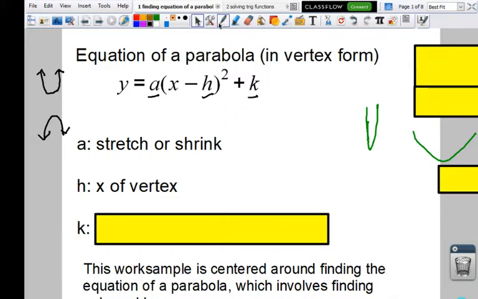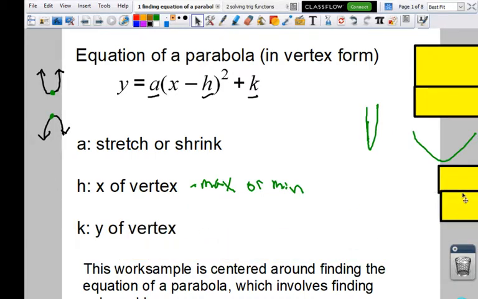Your vertex, if you don't remember, is the very middle of your graph, and sometimes it's called a max or a min. If you ever see the words maximum or minimum, that means you have a vertex there, because it's either going to be the maximum, your very highest point, or the minimum, the very lowest. And k comes from the y of your vertex. So h is the x in the vertex, k is the y in the vertex.